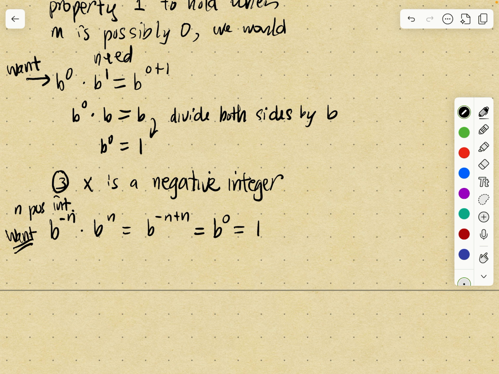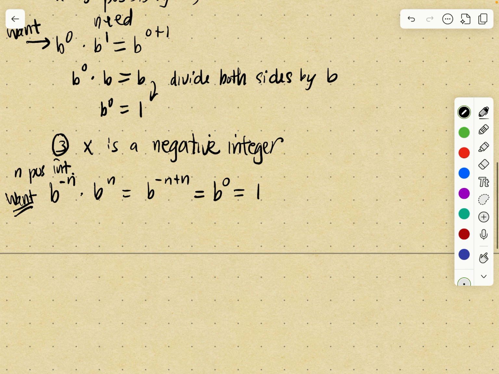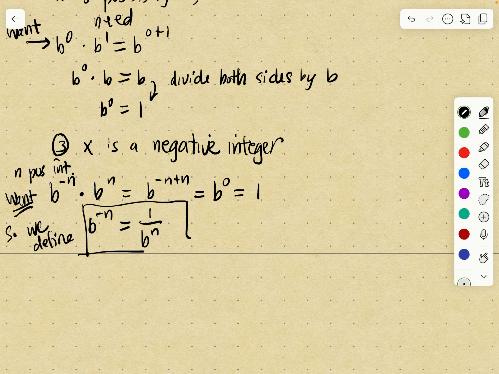So we want b to the minus n times b to the n to be 1. Then if you divide both sides by b to the n, you see that you're forced to define b to the minus n to be 1 divided by b to the n. So we define b to the minus n to be 1 over b to the n.